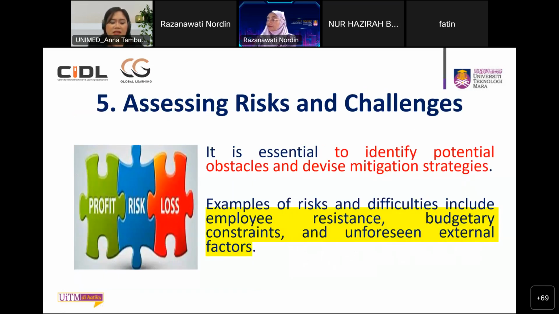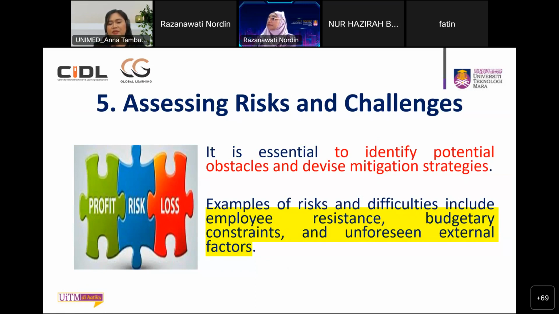And the next one is assessing risks and challenges. No proposal is without risks and challenges. So it is important to identify potential obstacles and develop strategies to mitigate them.